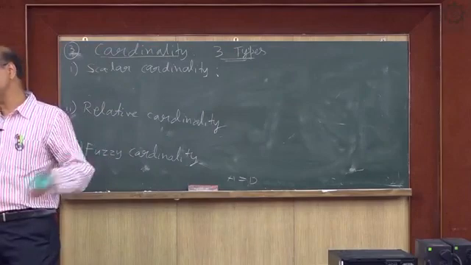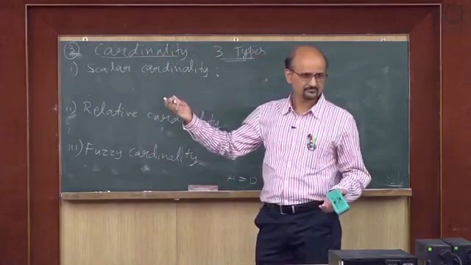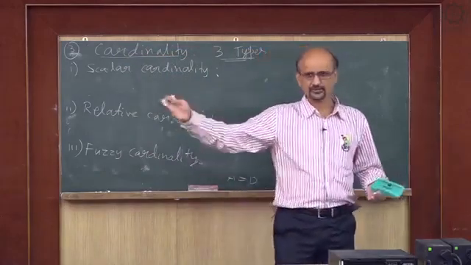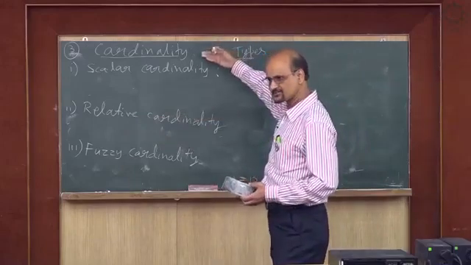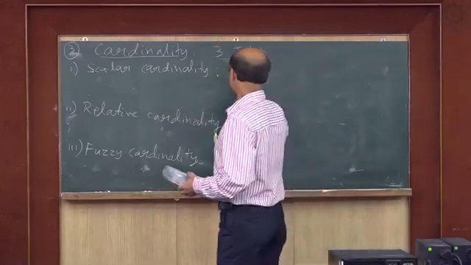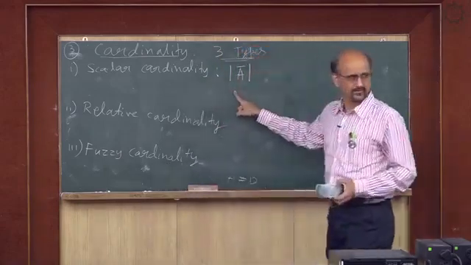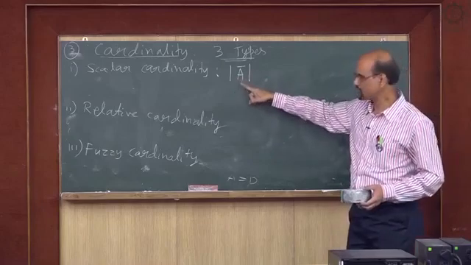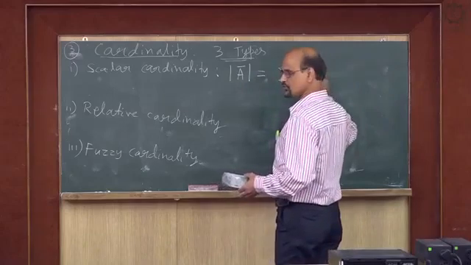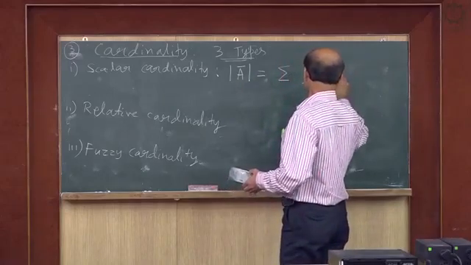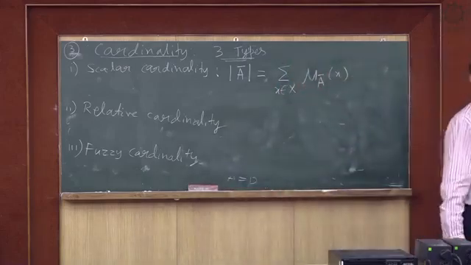You add those membership functions, that is your scalar cardinality. In crisp set theory, you are counting; here for different x, you have different membership functions. So, this is scalar cardinality for A bar, suppose A bar is a fuzzy set, we denote it by this. Scalar cardinality is defined as summation of mu A bar x, x belongs to X, simple.